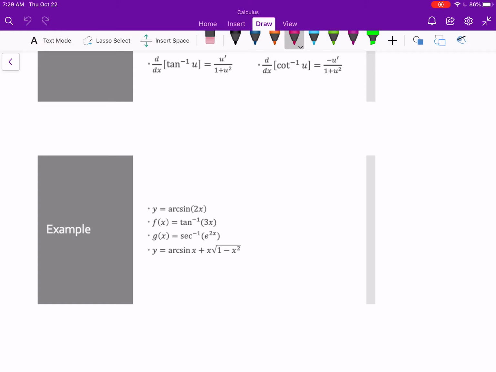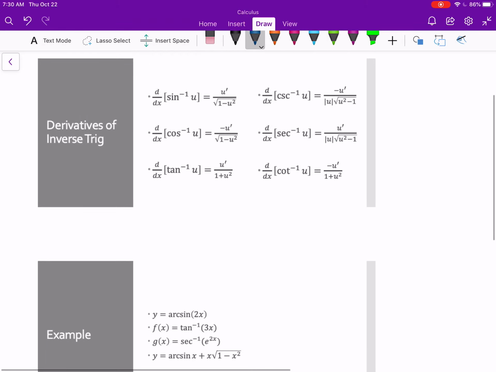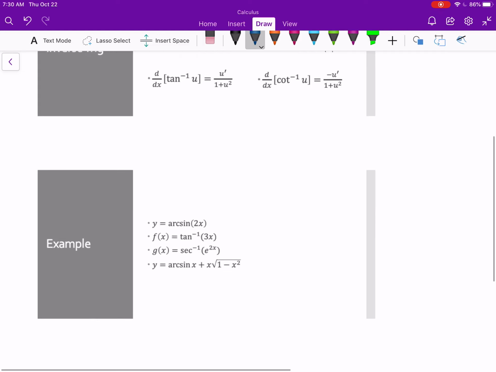So the first one, we have y equals arcsine of 2x. So if we look from up here, remember arcsine is the same thing as inverse sine. So we have this u prime over the square root of 1 minus u squared.